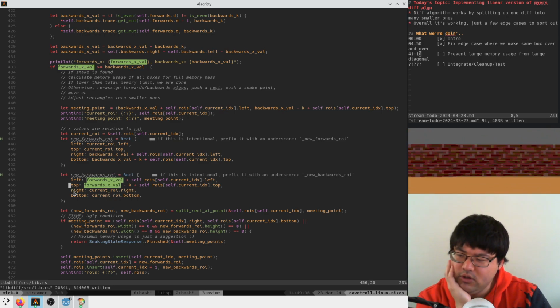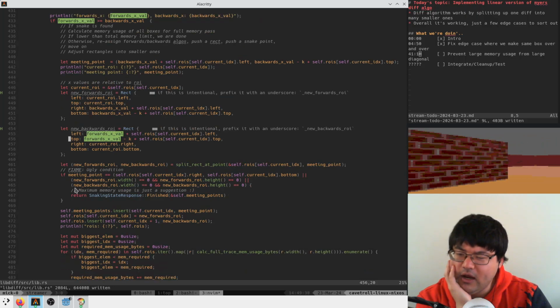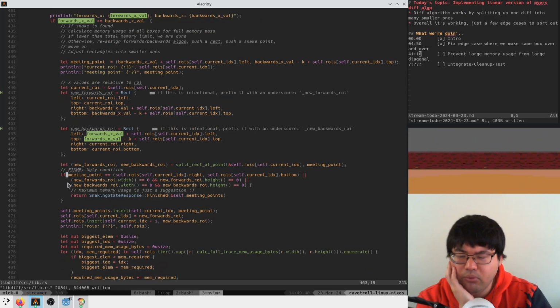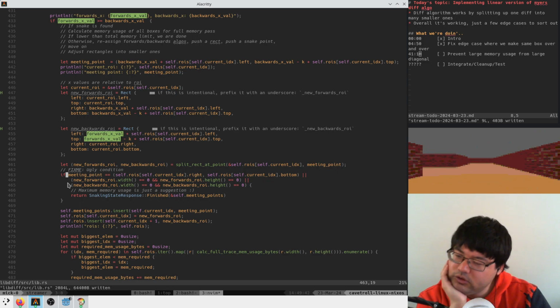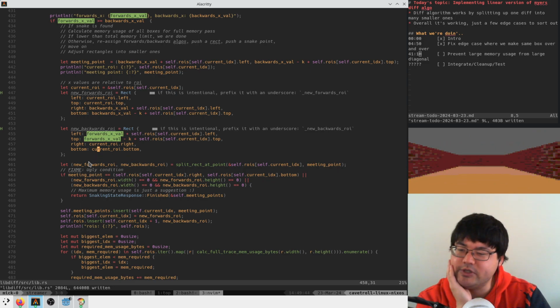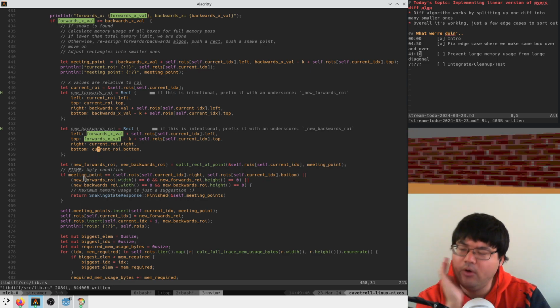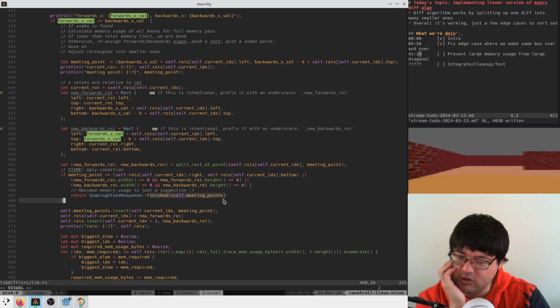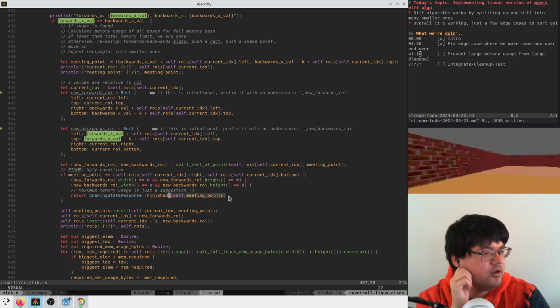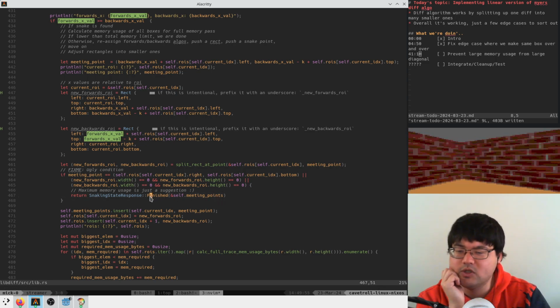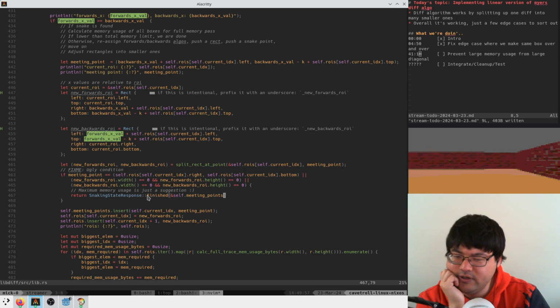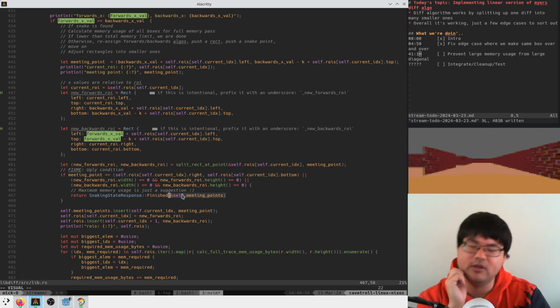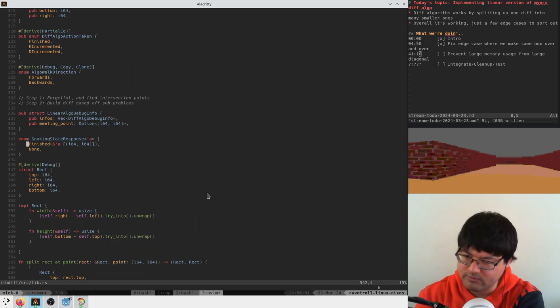Okay. And then we now don't have a single meeting point to store. I guess we just store both? Because at the end, we just return the meeting points. Maybe at the end, we return the ROIs instead of the meeting points, and then we can construct new forwards pass algorithms just based off of those.